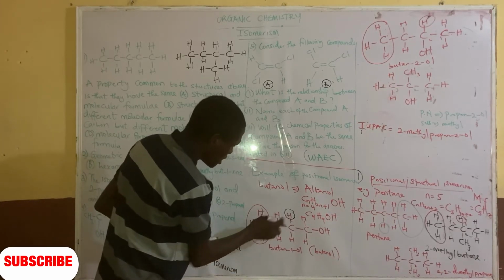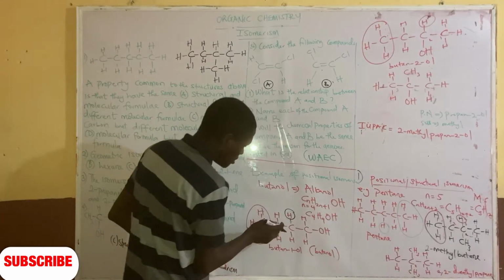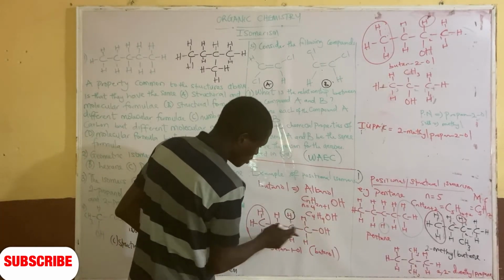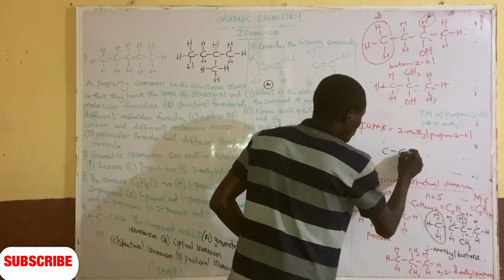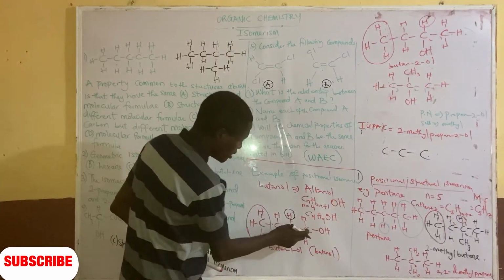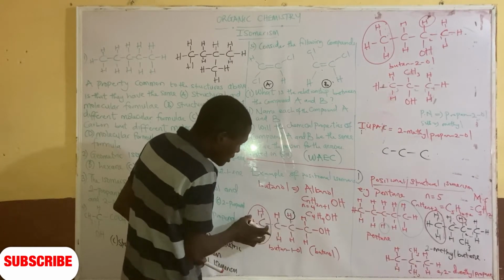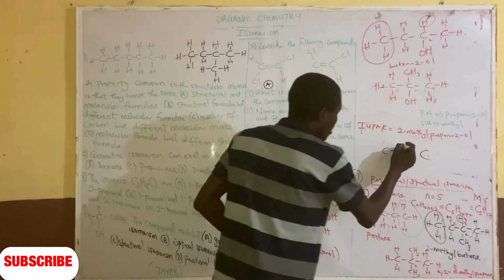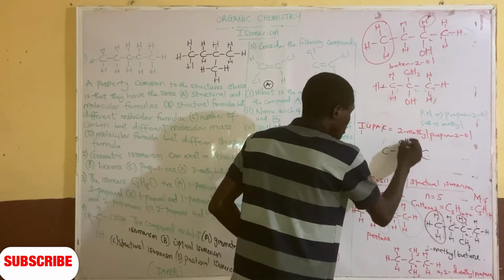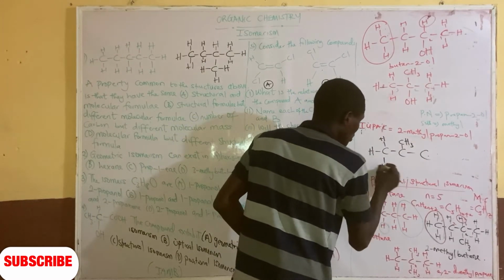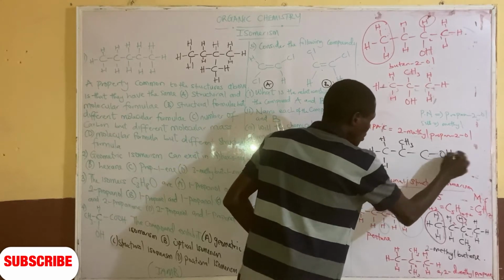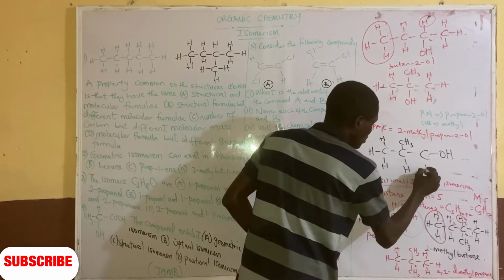I'm using this H to replace this. So I'm having C 1, 2, 3, 4. So we have CH3 here, and the H comes here. We fill in the rest with H, and don't forget that the OH is also here.